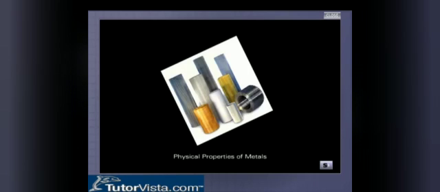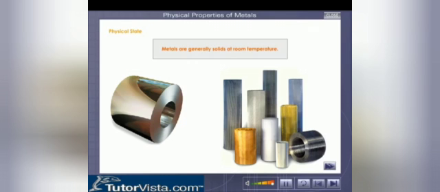Physical properties of metals. Metals possess certain characteristic physical properties which distinguish them from non-metals. Physical state. Metals are generally solids at room temperature.